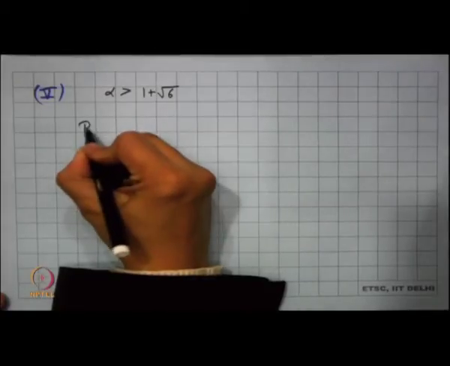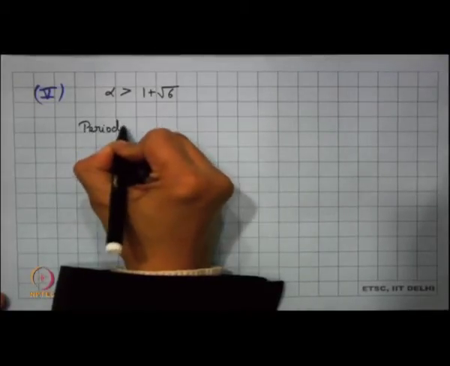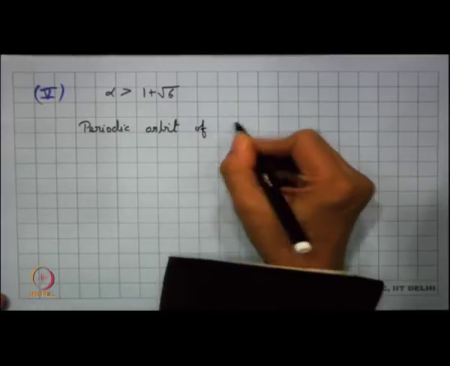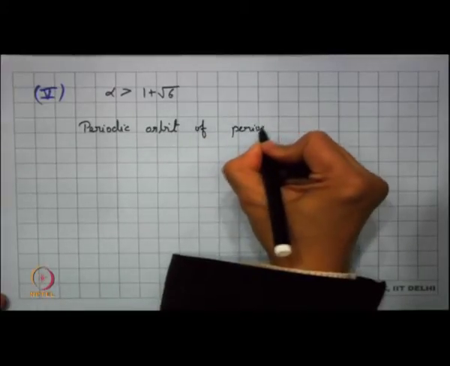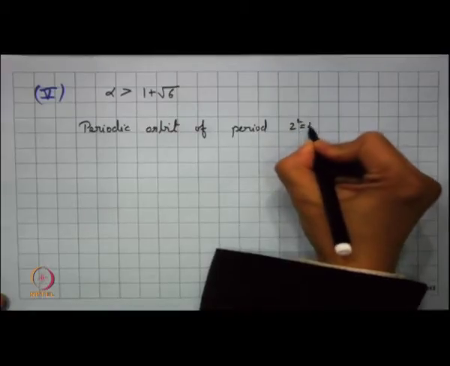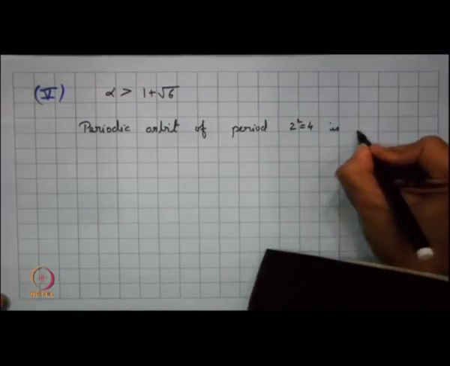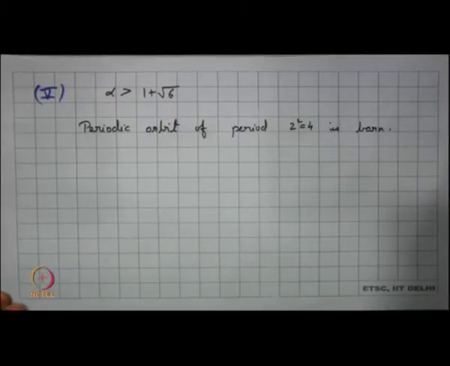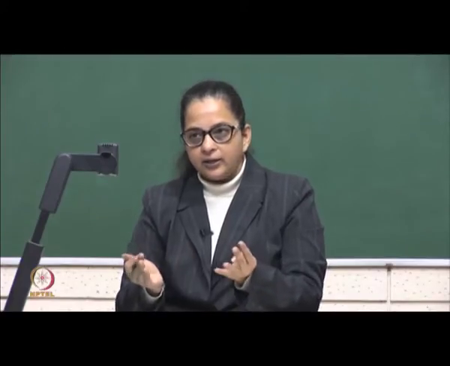So, a periodic orbit. Now we have a new periodic orbit. Again for this new periodic orbit we find that under certain conditions this is attracting, this is a sink.